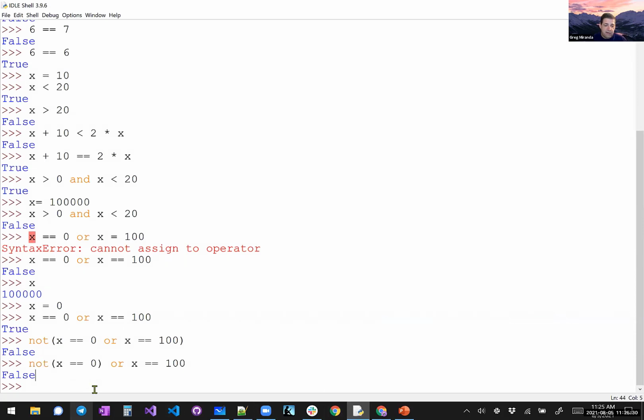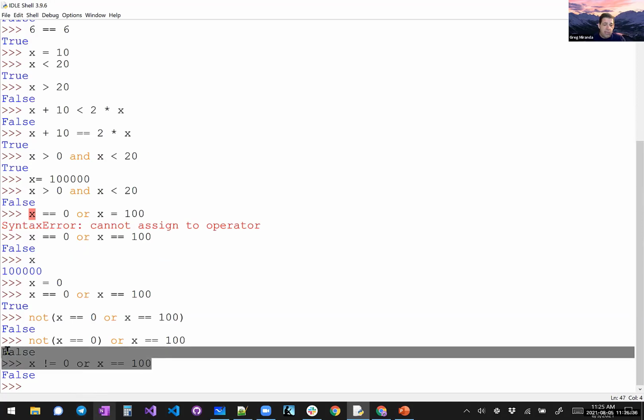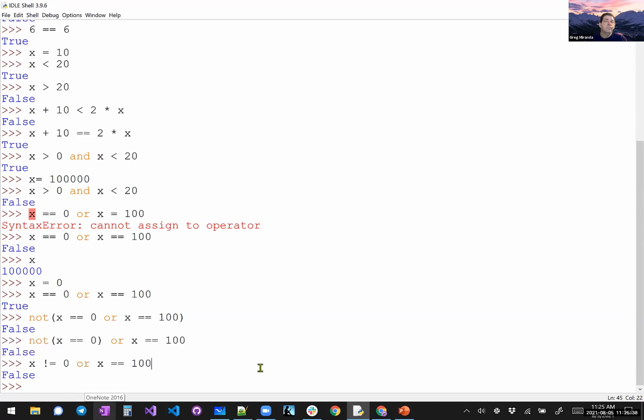So instead of writing the not in there, I could say x not equals 0 or x equals 100. Those two lines are identical. The second line is simpler and a little clearer about what happened. And so instead of using the not operator, we could use the not equal operator.